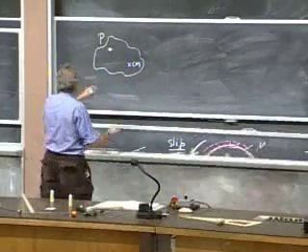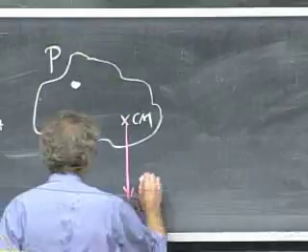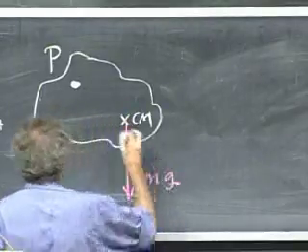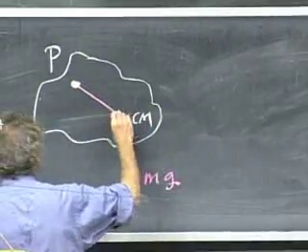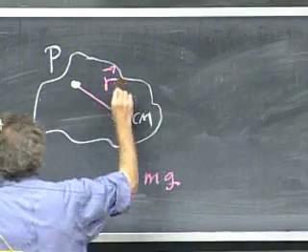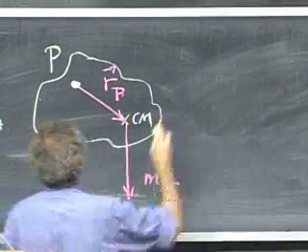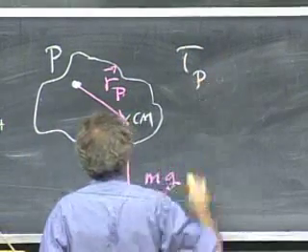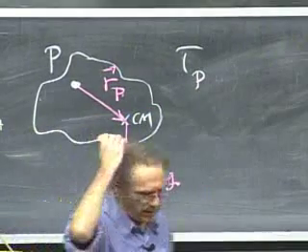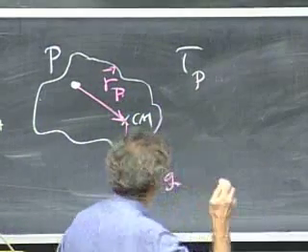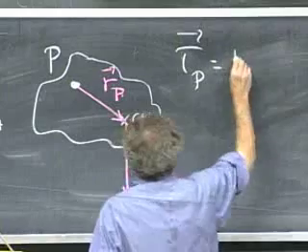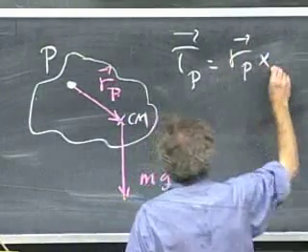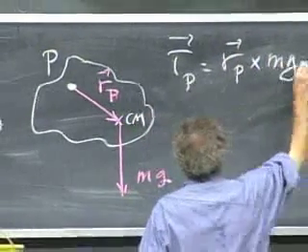and so there is a force. If this object has a mass little m, there is a force mg, and here is the position vector r of P, and so it's clear that there is a torque relative to point P. And if there is a torque relative to point P, it would be r_P cross mg.